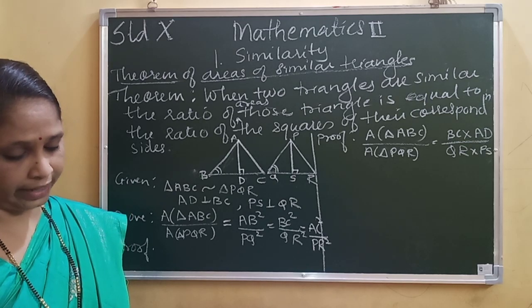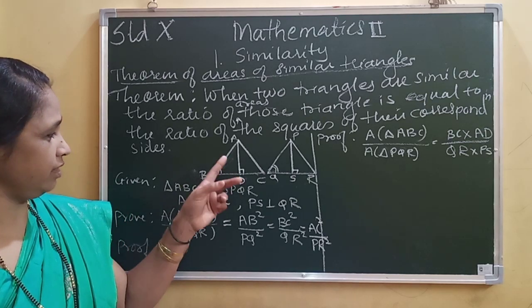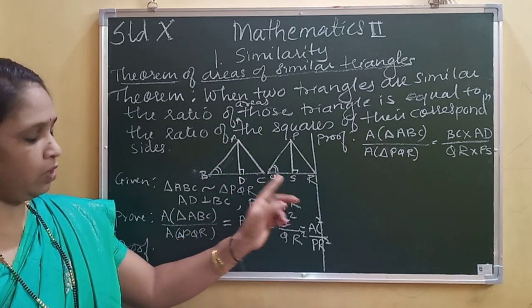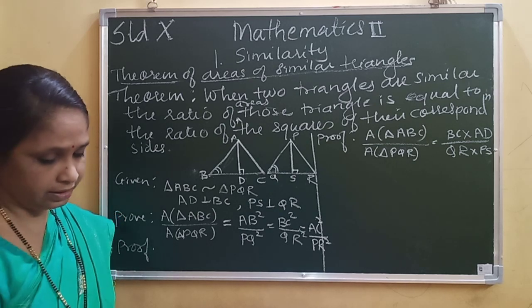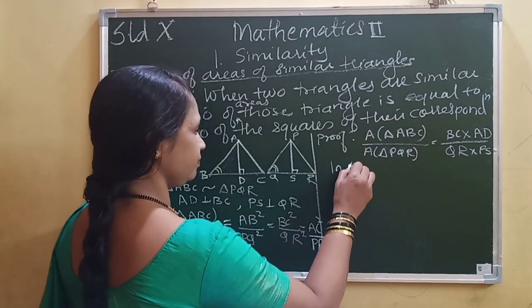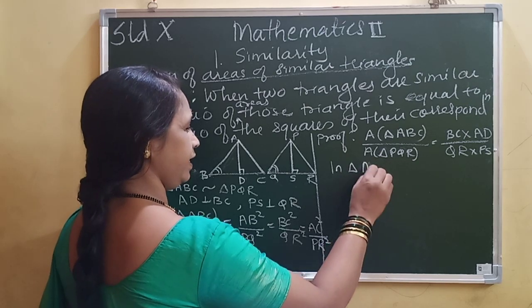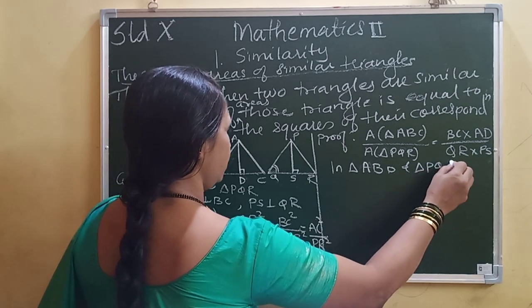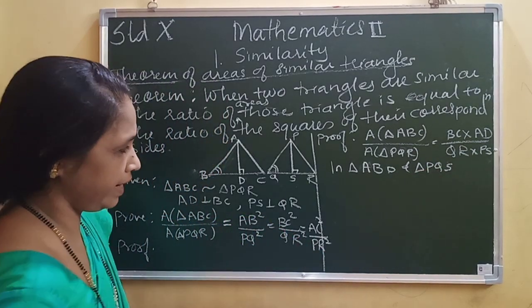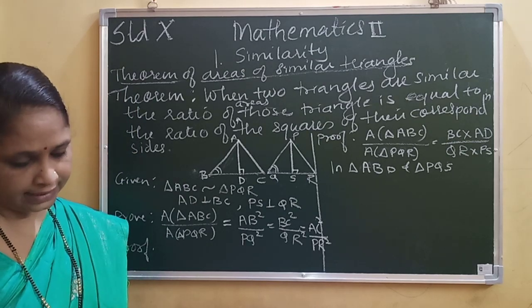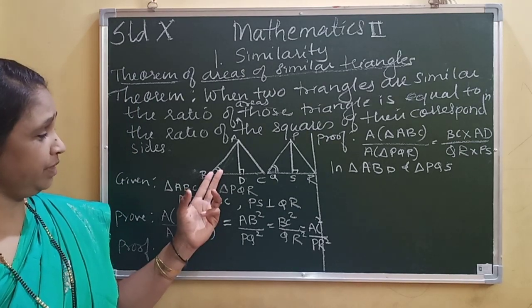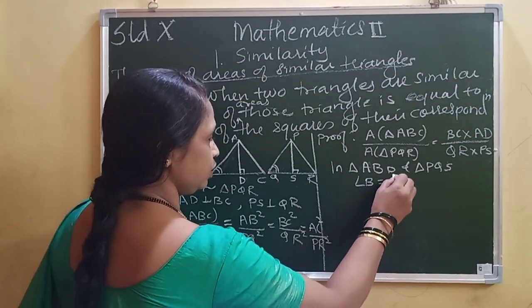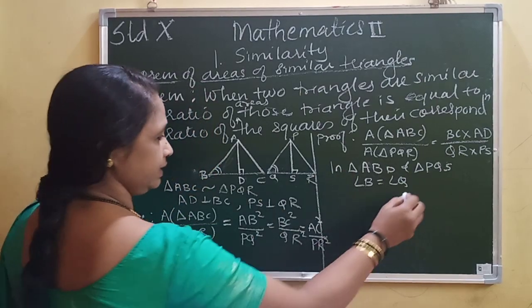Now we have to consider triangle ABD and triangle PQS. In triangle ABD and triangle PQS, what is given? Angle B is equal to angle Q is given.